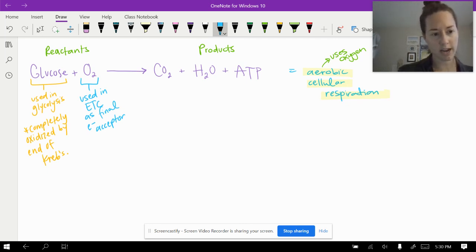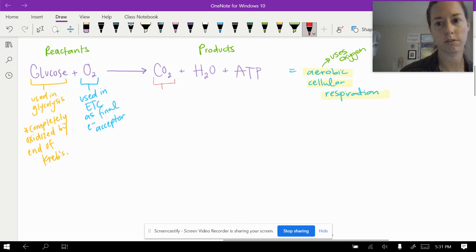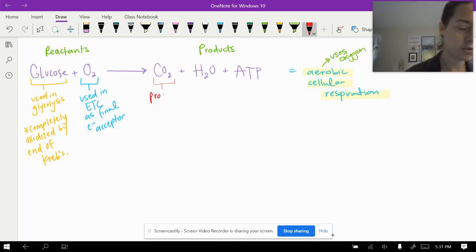Then our carbon dioxide is produced in Krebs and also a tiny bit in the link reaction. My pen thickness, my OCD is kicking in.